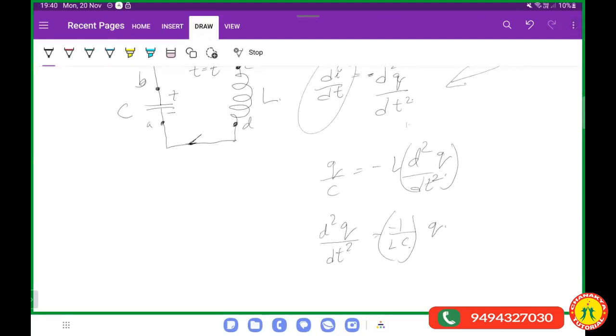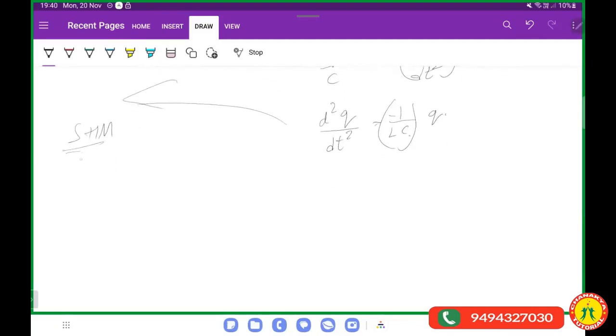If you remember the standard equation for simple harmonic motion, SHM was d square x by dt square equals minus omega square x.